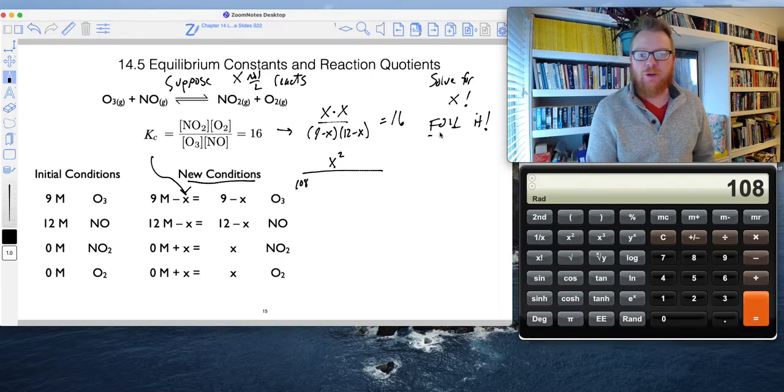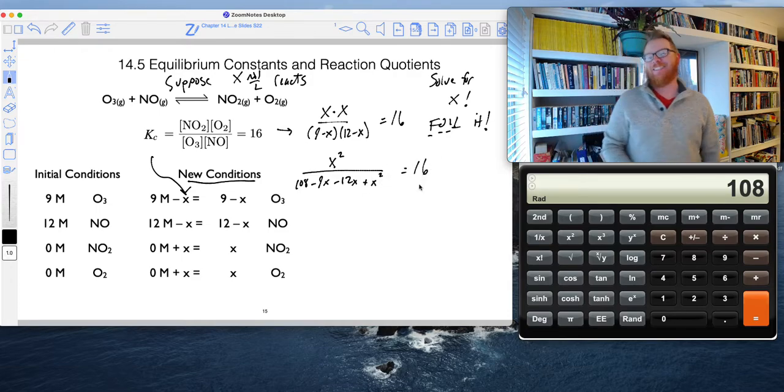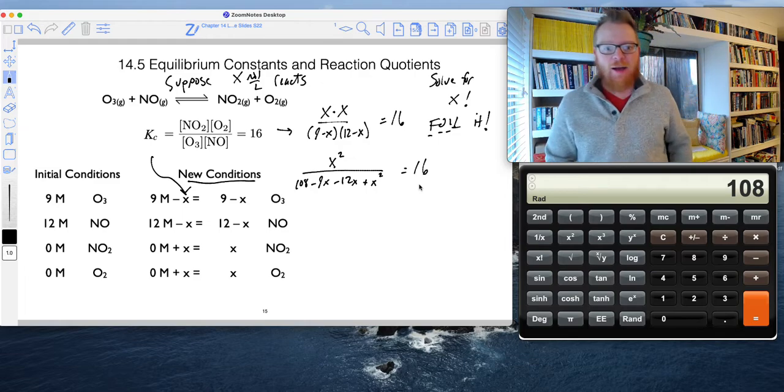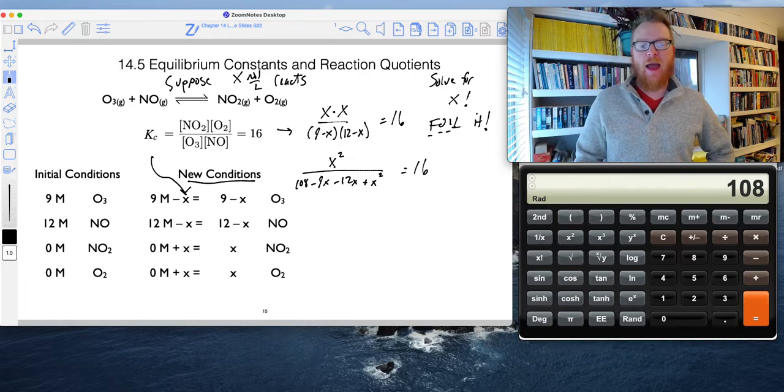Outside is 9 times minus x, so that's minus 9x. Inside is minus x times 12, that's minus 12x. And last is plus x squared, and of course that all equals 16. So now we've got to keep doing some algebra.